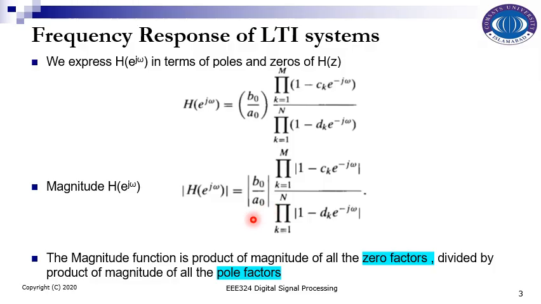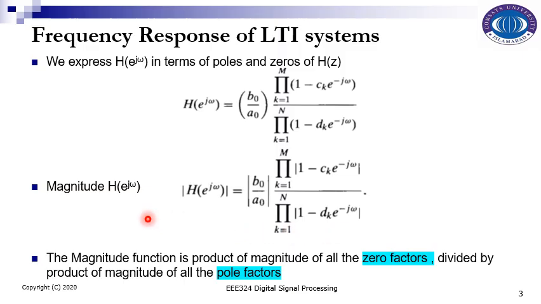So the magnitude of H(e^jω) is the product of the magnitudes of all the zero factors in the numerator, divided by the product of the magnitudes of all the pole factors.